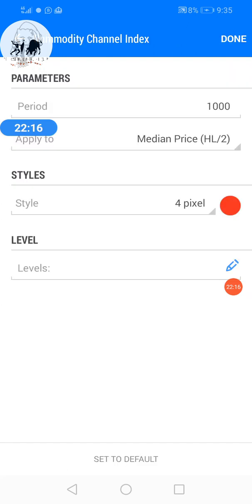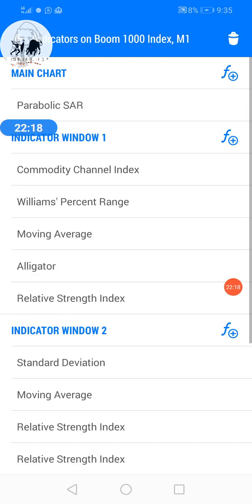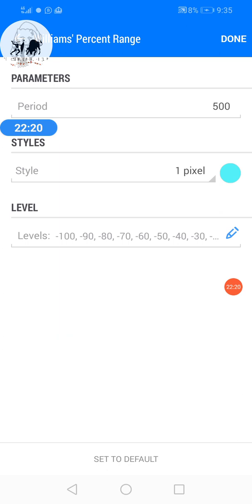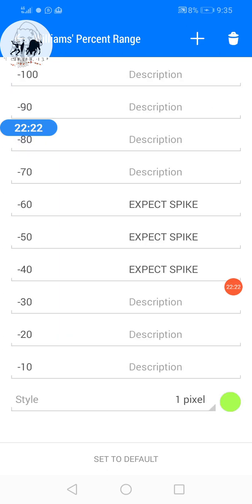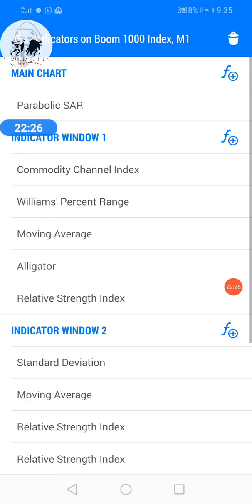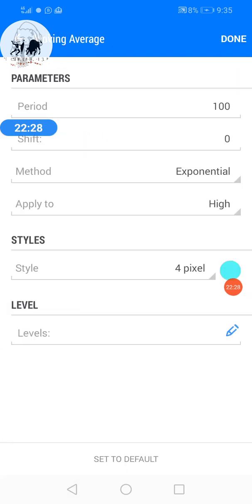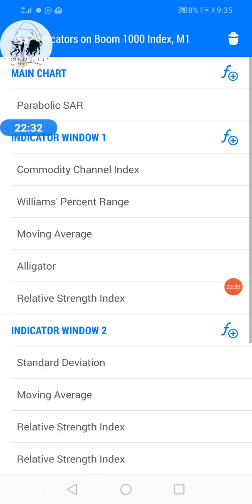And also the CCI is 100. Williams percentage is 500. Just apply the very same settings, and its moving average is 100.